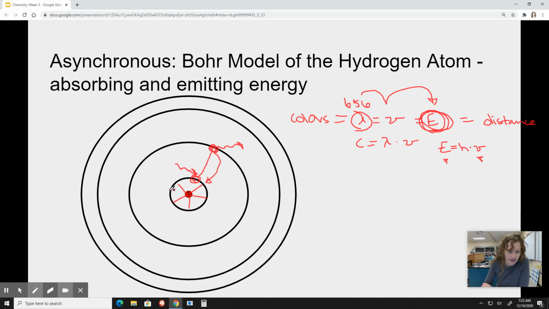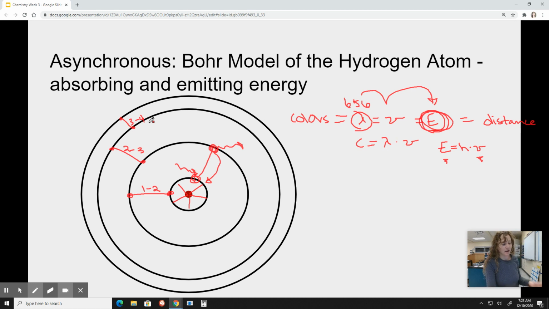Also, notice that the distance between energy level 1 and 2 is very specific, and that distance is different than the distance between energy level 2 and 3, and different again from the distance between 3 and 4.